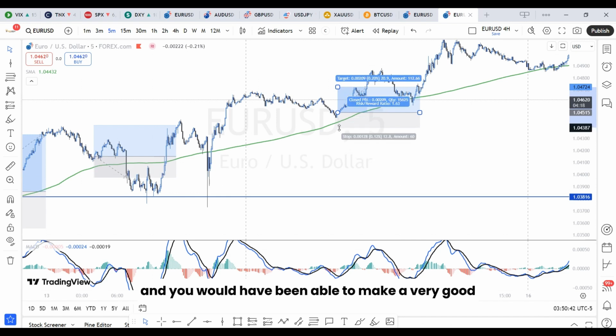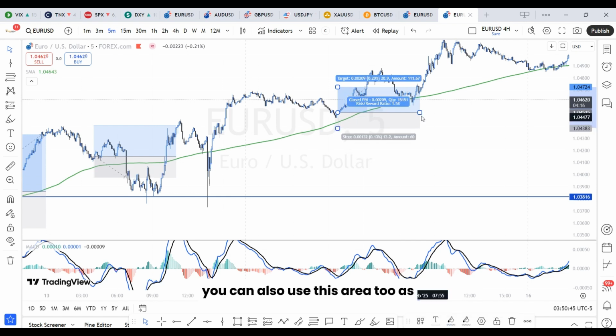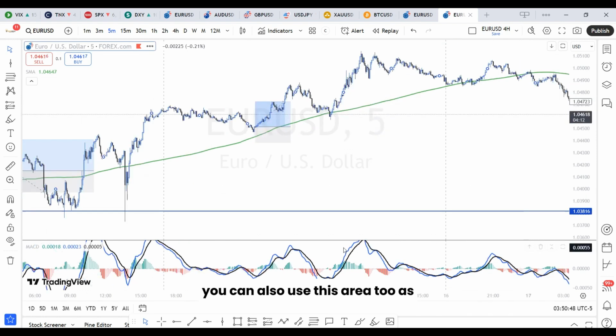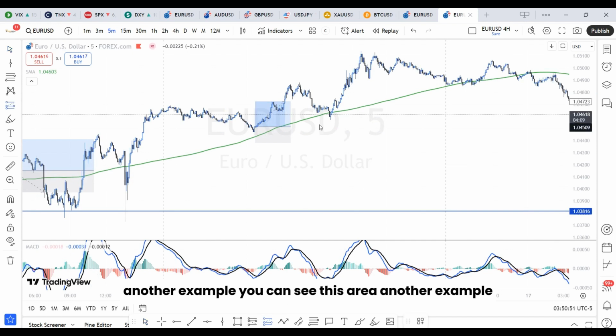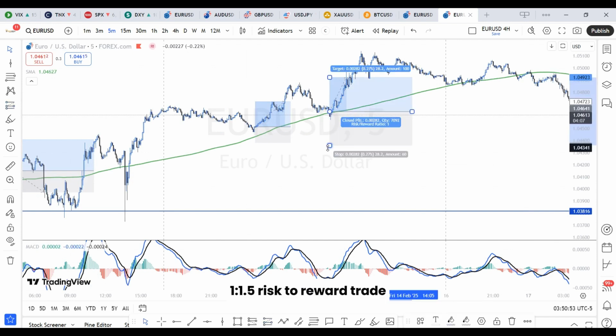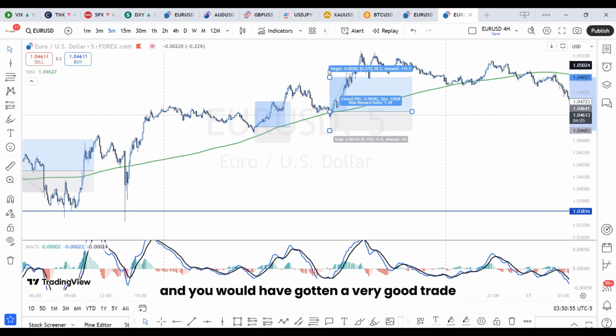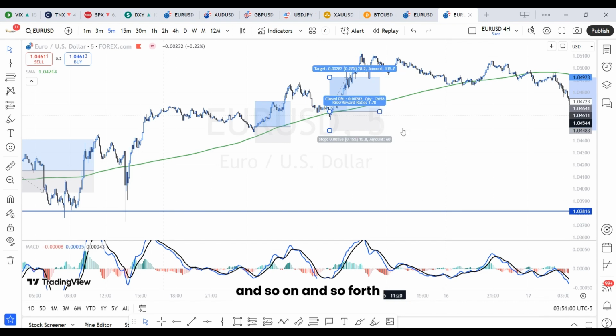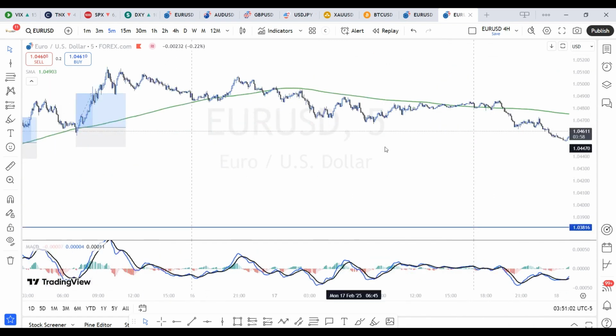You can also use this area too as another example. You can see this area, another example, 1:5 risk to reward trade, and you would have gotten a very good trade, and so on and so forth.